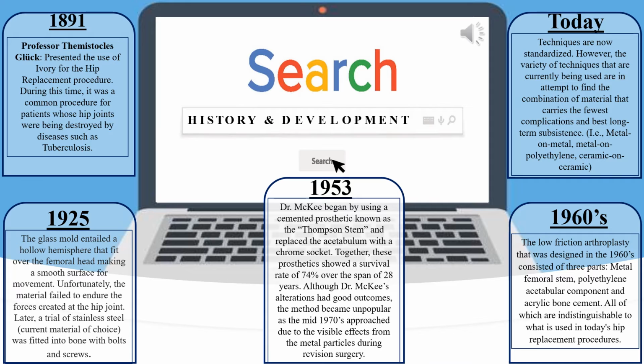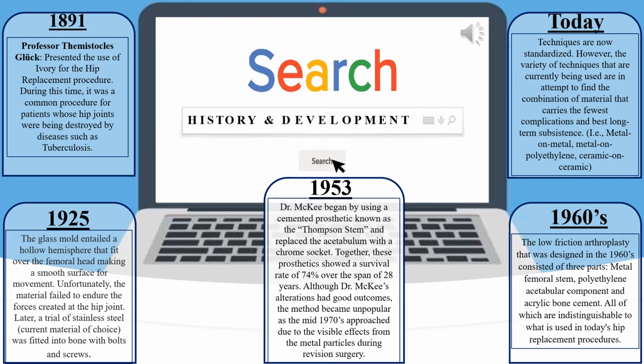Later, a trial of stainless steel, which is the current metal of choice in today's THAs, was fitted into bone with bolts and screws. Moving into 1953, when Dr. McGee began by using a cemented prosthetic known as the Thompson stem and replaced the acetabulum with a chrome socket.